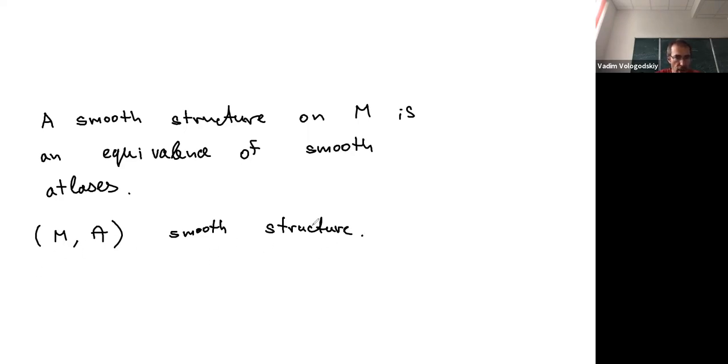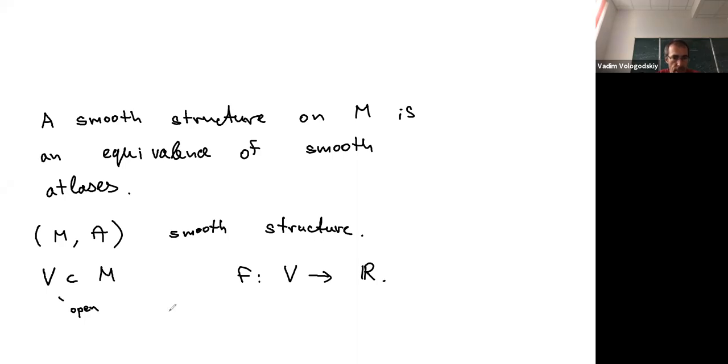So suppose I have a smooth manifold, and suppose I have an arbitrary open subset V of M, and suppose I have a function on V to R.